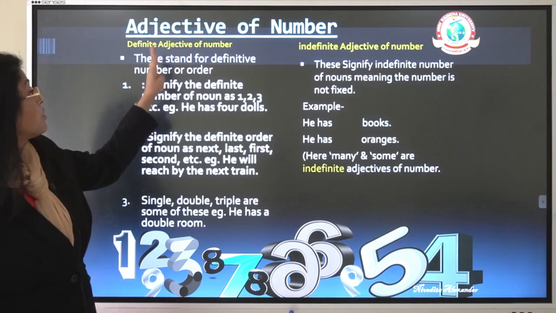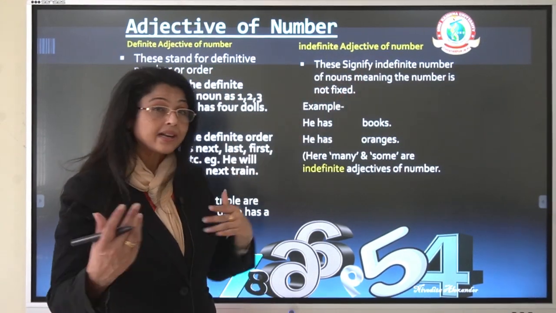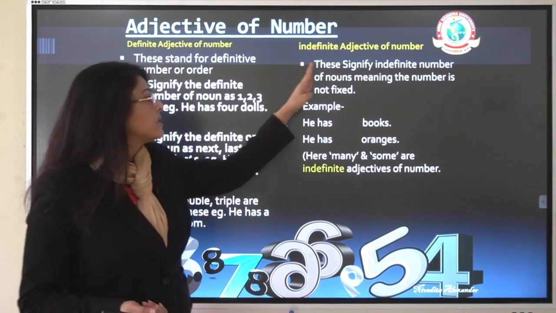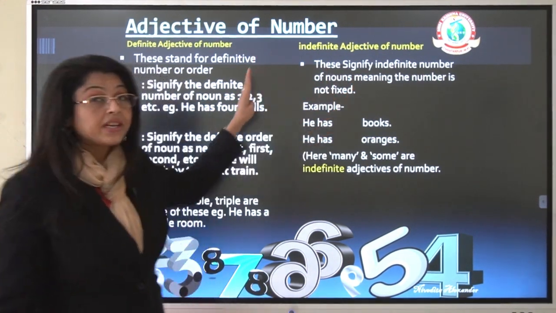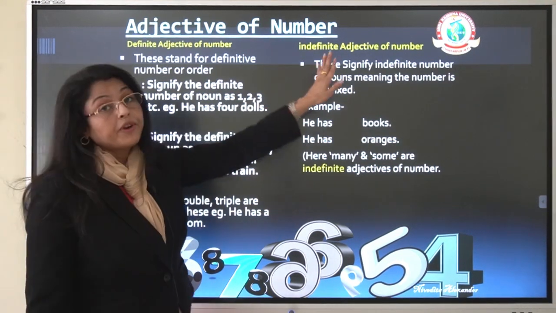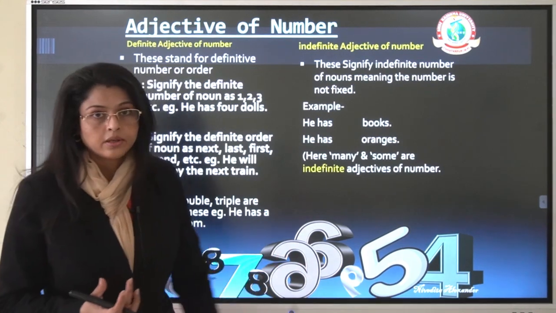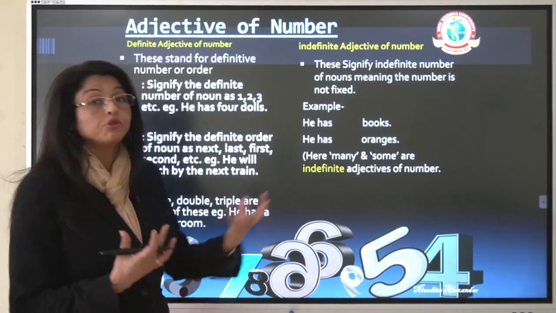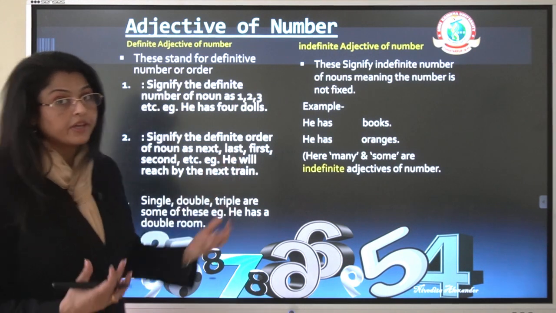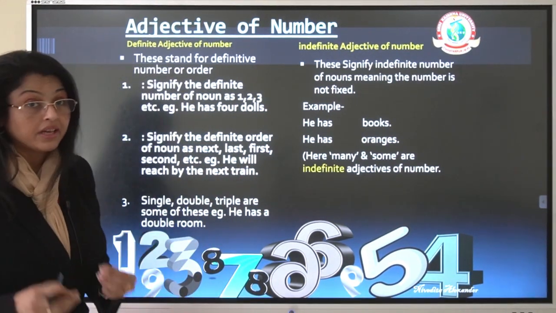They are of two types, definite and indefinite, exactly like countable and non-countable nouns. Definite numbers mean 1, 2, 3, 4, the exact number. Indefinite numbers are those you cannot count, like little water, few books. So these are indefinite, you do not know how many in particular they are.